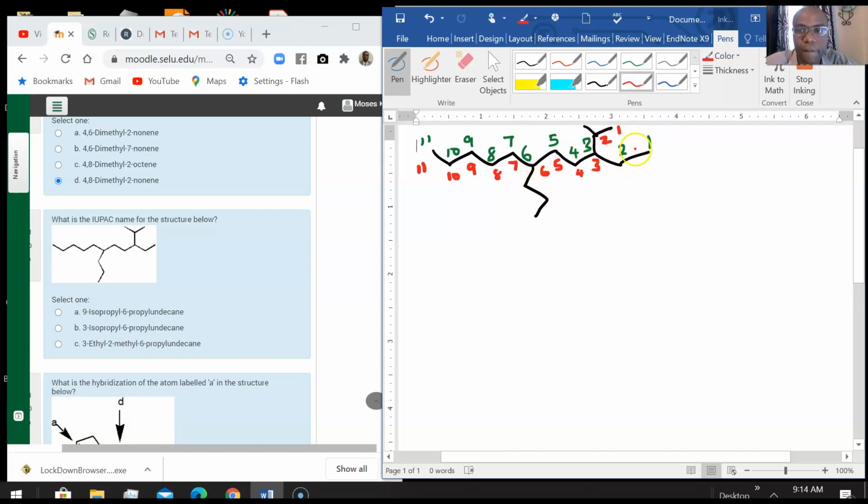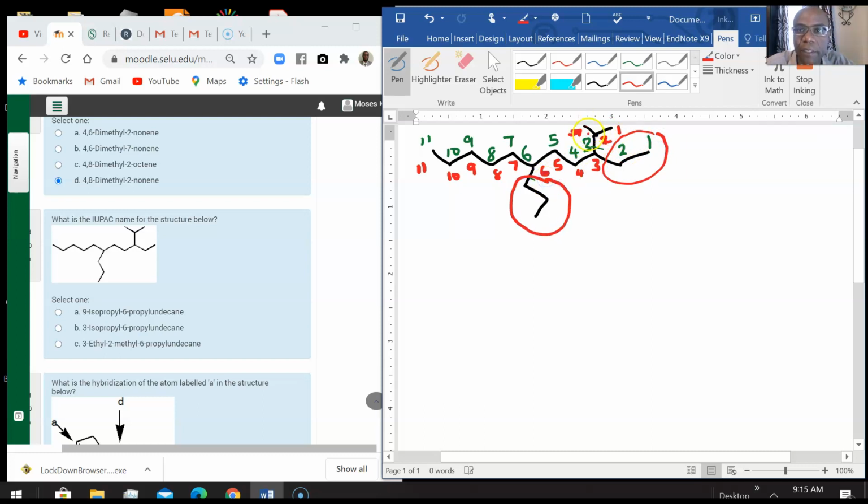So if you go with the green, notice that you'll only have the isopropyl and the propyl as substituents. But if you go with the red, then you'll have your CH3 right there as a substituent, and then the ethyl and the propyl will be your substituents.